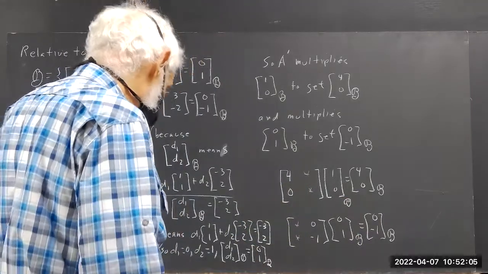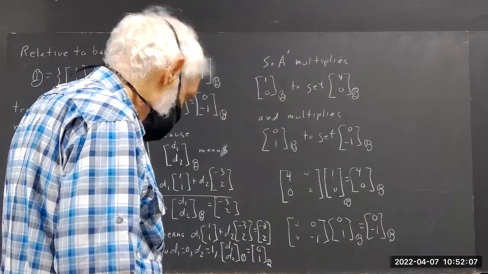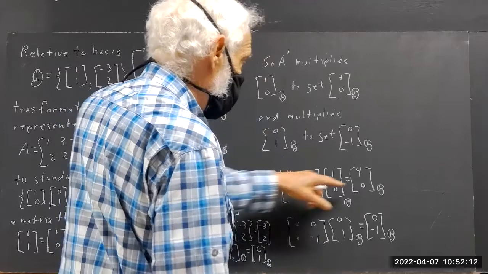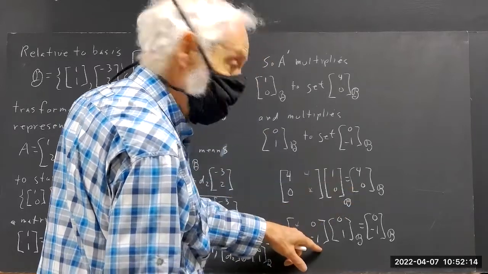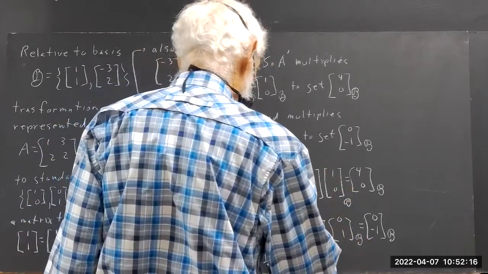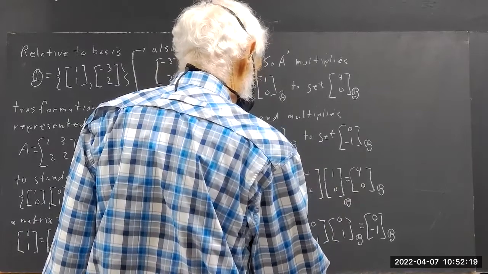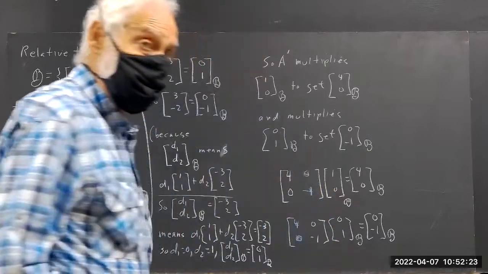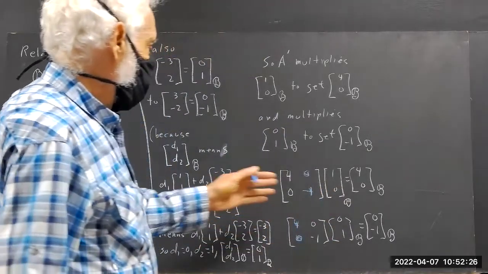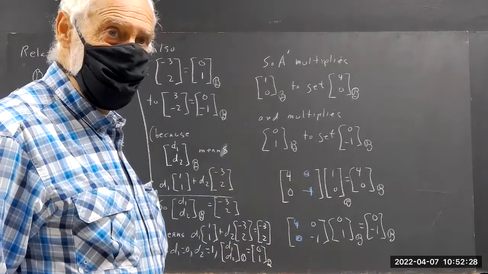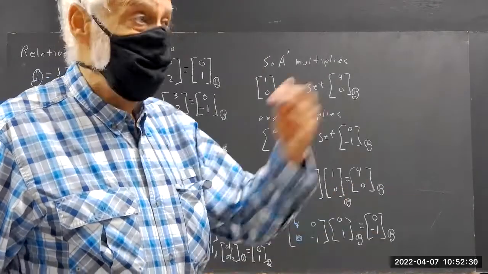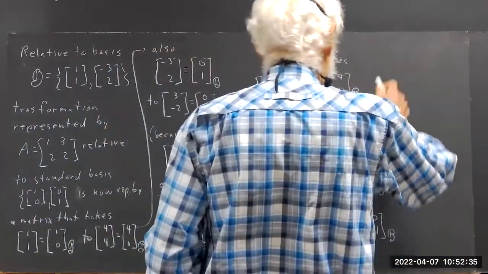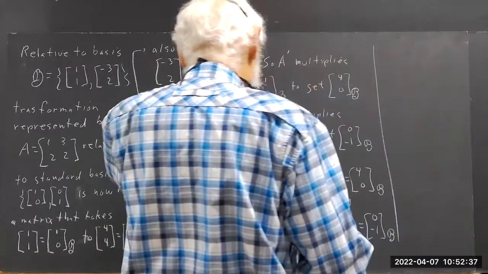So what it comes down to now is we know what these asterisks are. I have to have 4, 0 to make this so. I have to have a 0, -1 here to make this so. So my matrix is 4, 0, 0, -1. In both cases, well, what do 4 and -1 have to do with anything? Those are the eigenvalues we got for our original problem.